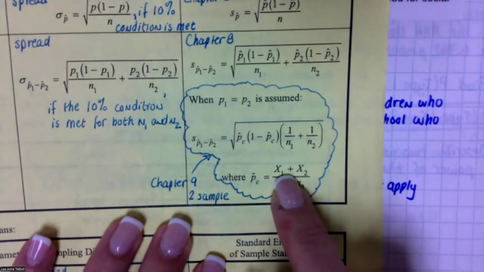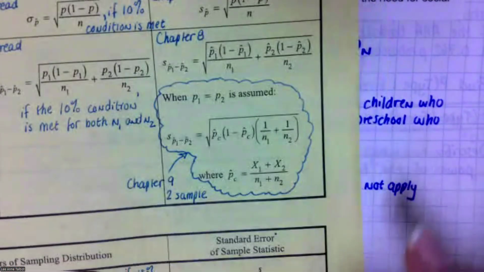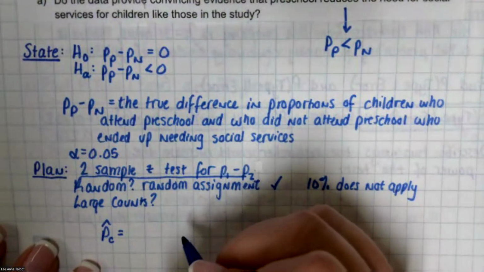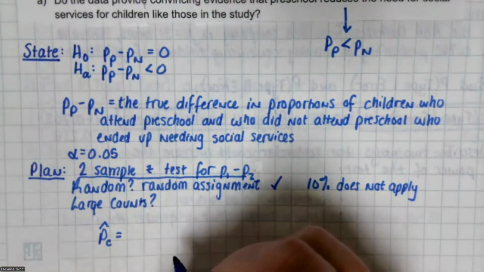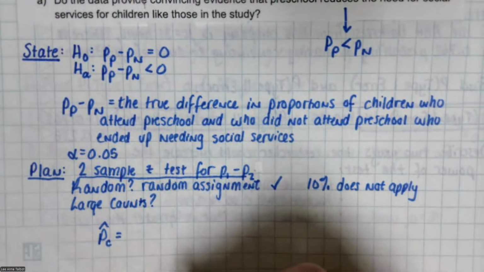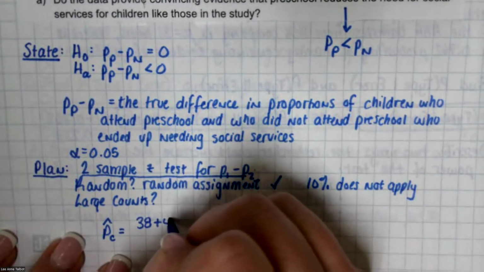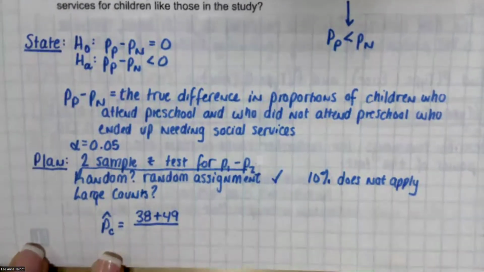So it's first success plus second success over first sample size plus second sample size. Okay, so in our problem, the successes are 38 and 49. Does that make sense? I don't know if it's a success if you need social services later in life, but you know, whatever.